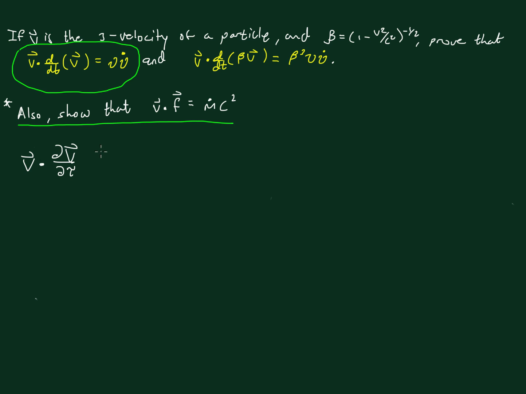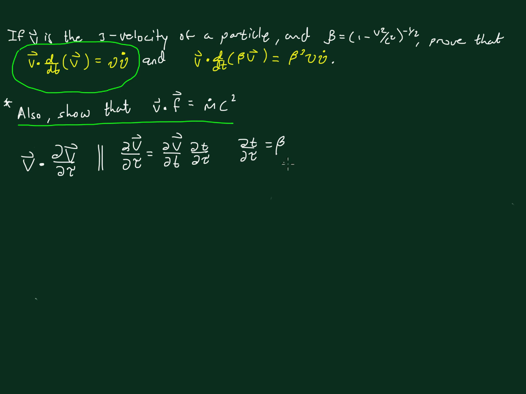Now, we saw that for the time derivative of the forward velocity we have to apply the chain rule. The chain rule provides that dV/d tau is equal to dV/dt times dt/d tau, where dt/d tau is equal to beta.